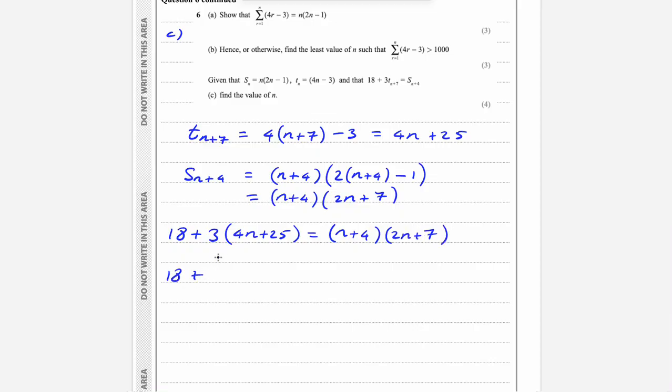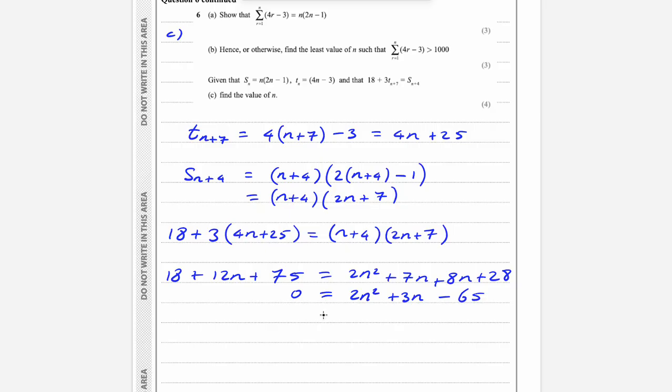Expand this: 12n plus 75 equals, expand this, 2n squared plus 7n plus 8n plus 28. Okay, let's get everything to the right. So it's 2n squared plus 15n minus 12n is 3n. 28 minus 18 is 10, minus 75 is minus 65, and this equals 0.